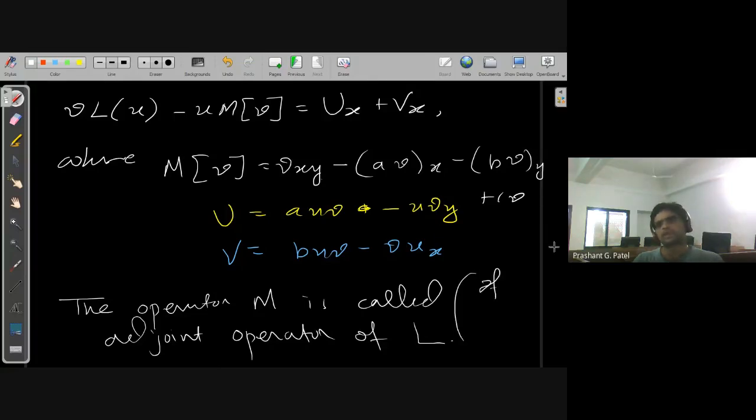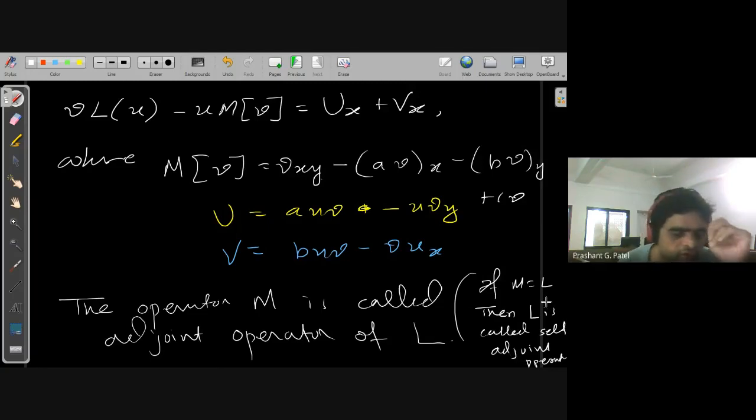So this is the note we can write: if M equals L, then L is called a self-adjoint operator. So this is the definition of a self-adjoint operator.